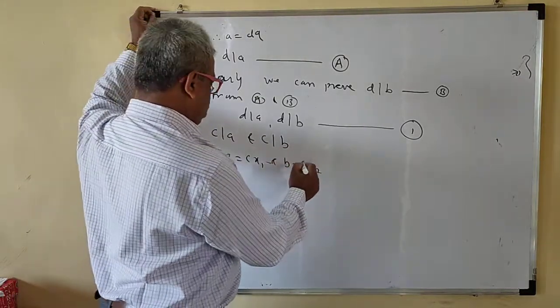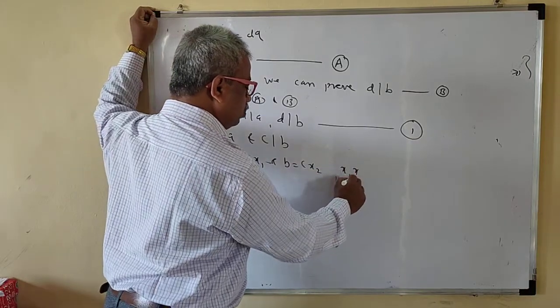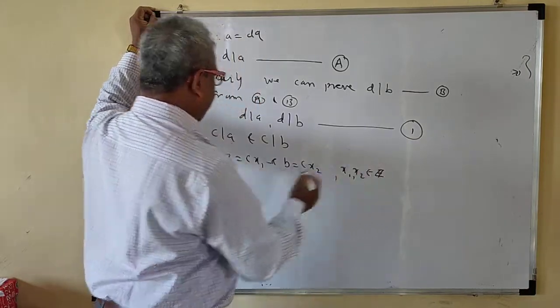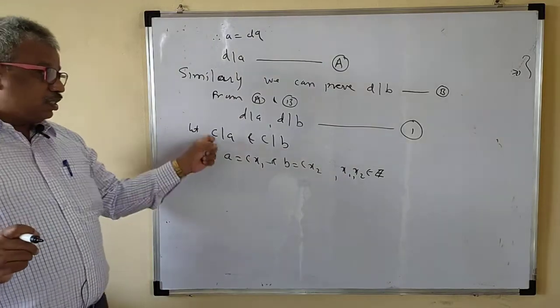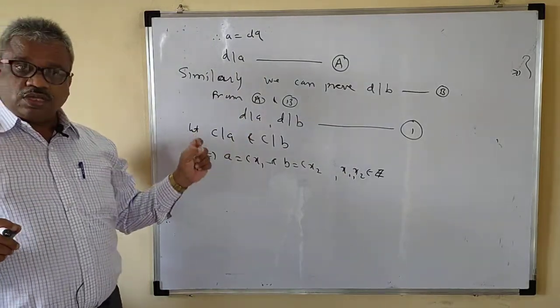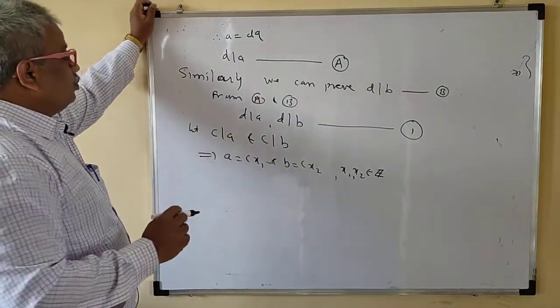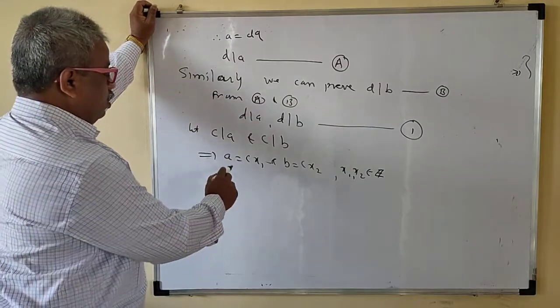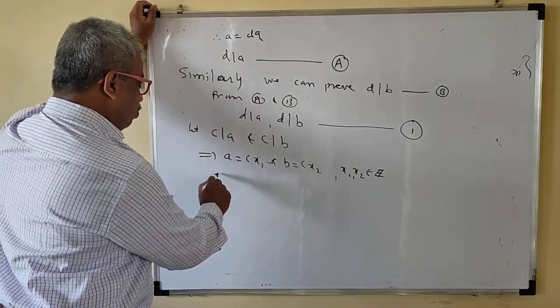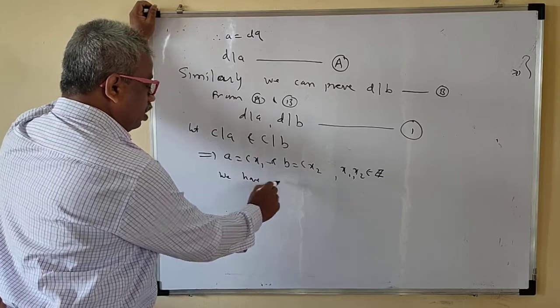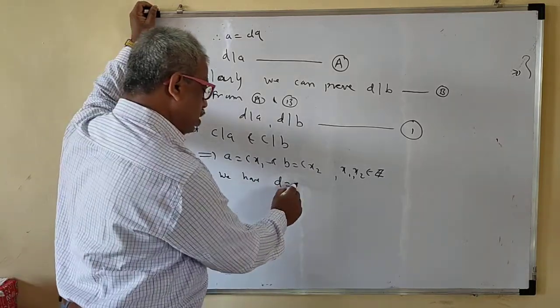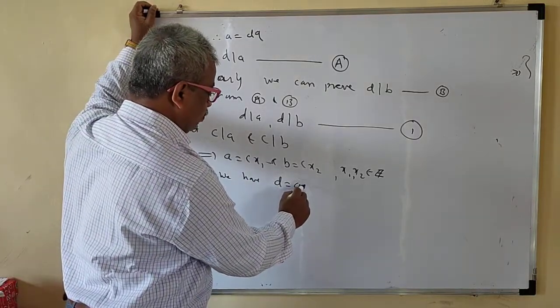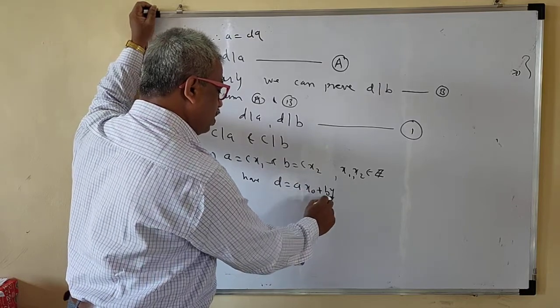x1 belongs to Z, right? By definition, what we have to prove? C divides D. We have to prove C divides D. So what do we have? A is equal to this. So we have D is equal to A x naught plus B y naught.